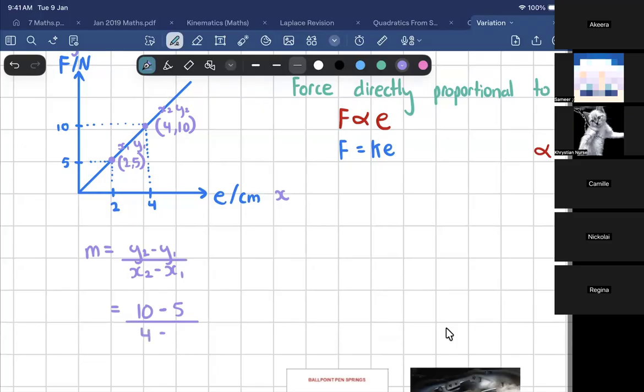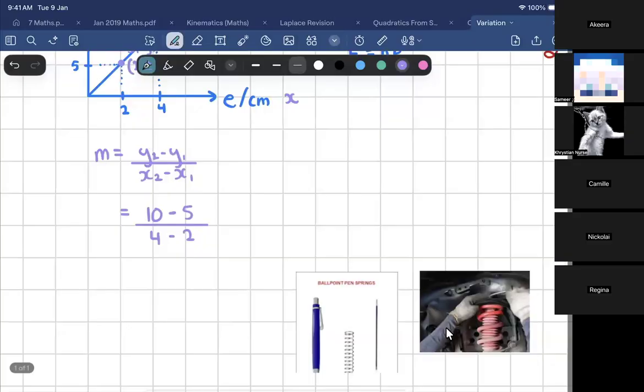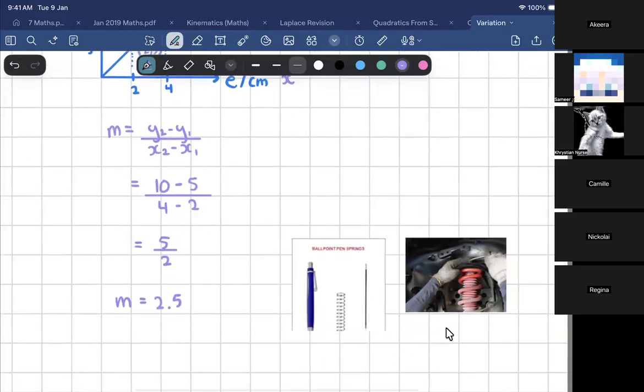And the x1 value is? 2. So what is 10 minus 5? 5. And 4 minus 2 is? 2. Nice. And 5 over 2 is 2.5, yeah? Yes, sir. Good. And this is what k is. So k will be equal to 2.5.